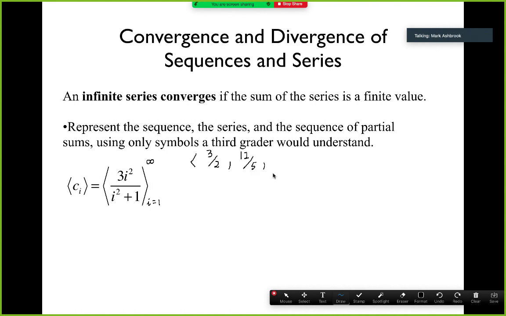All right, and then? 27/10, etc., on and on and on. So that's the sequence in explicit form, writing out the terms. The series would be? Add them up.